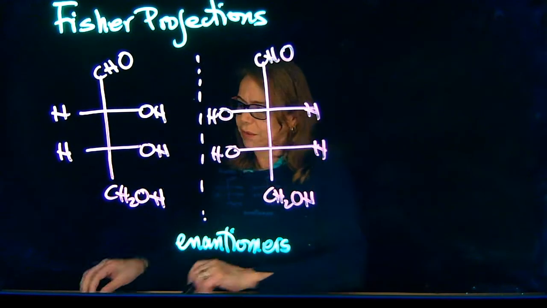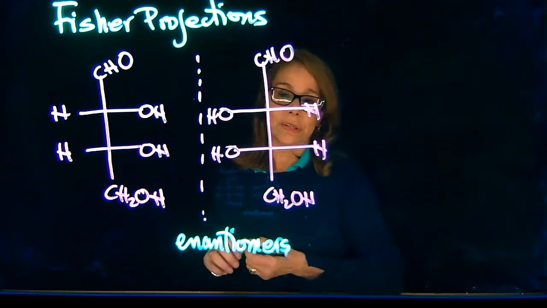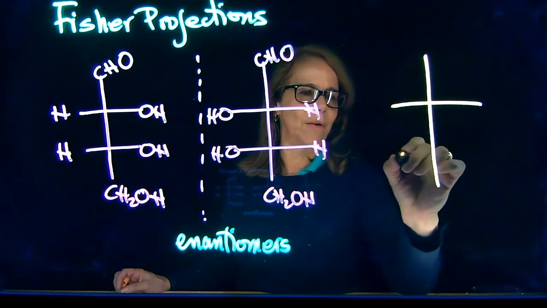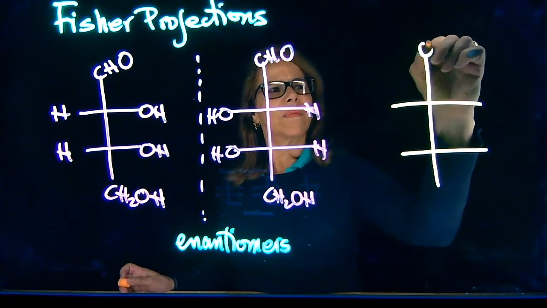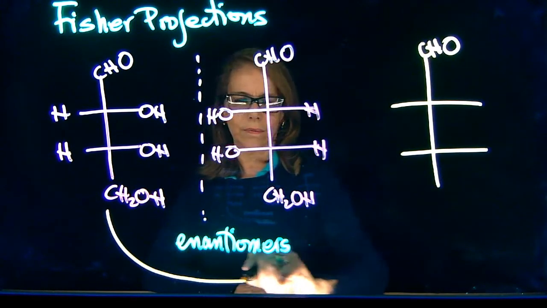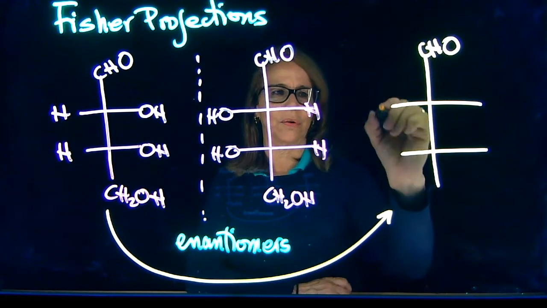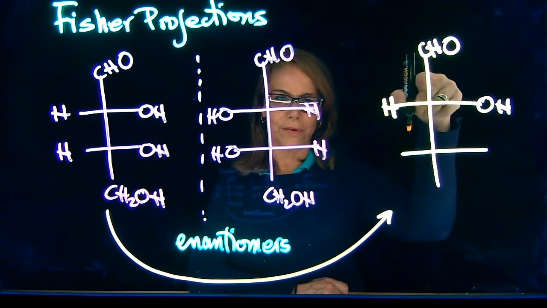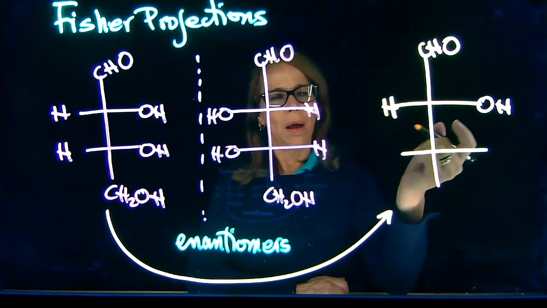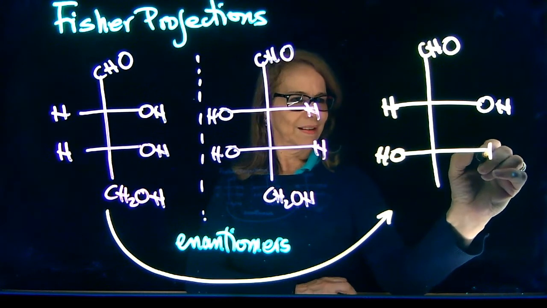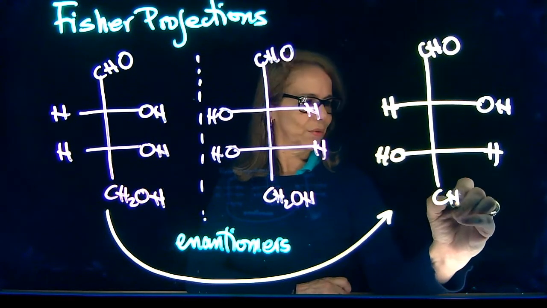And now I'm going to draw something different. Say that I have now CHO, and let's look at it relative to that. I'm going to do H, OH. So I'm going to keep that first chiral center the same, but now I'm going to change this one, and CH2OH.